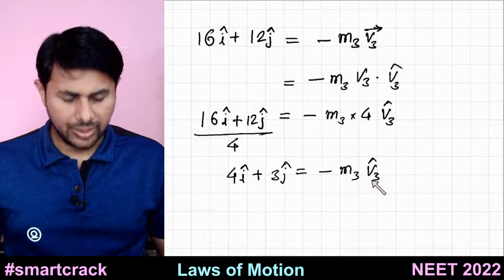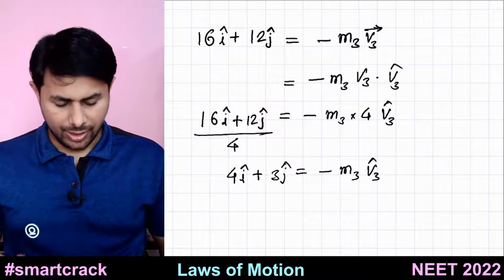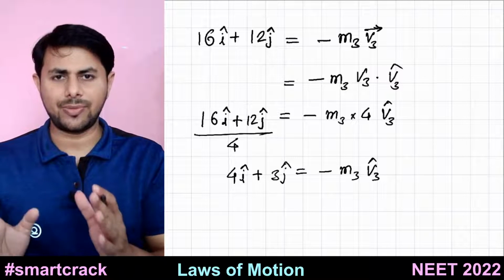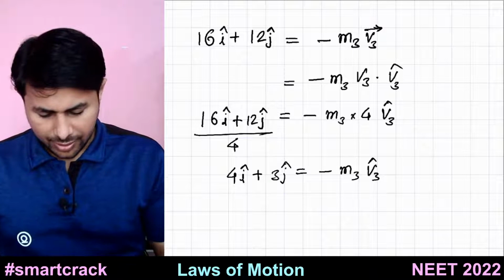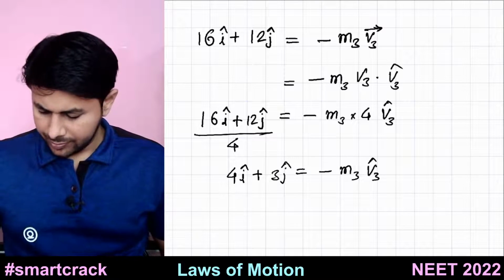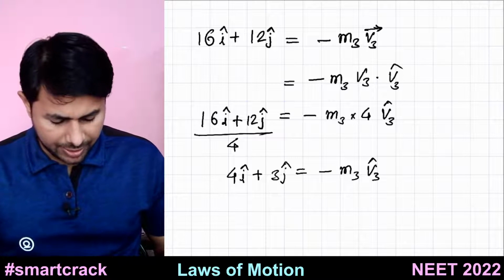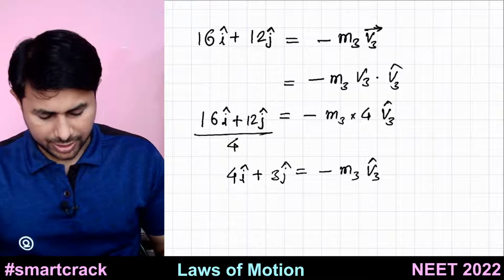So now on the left hand side we have some vector, and on the right hand side we have a unit vector. This vector should be equal to its magnitude multiplied by the unit vector in this direction. Let's call it a bar.